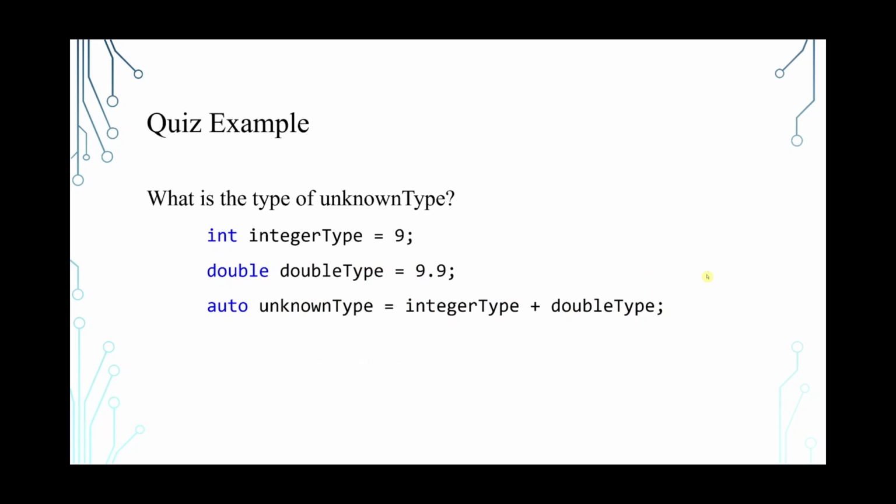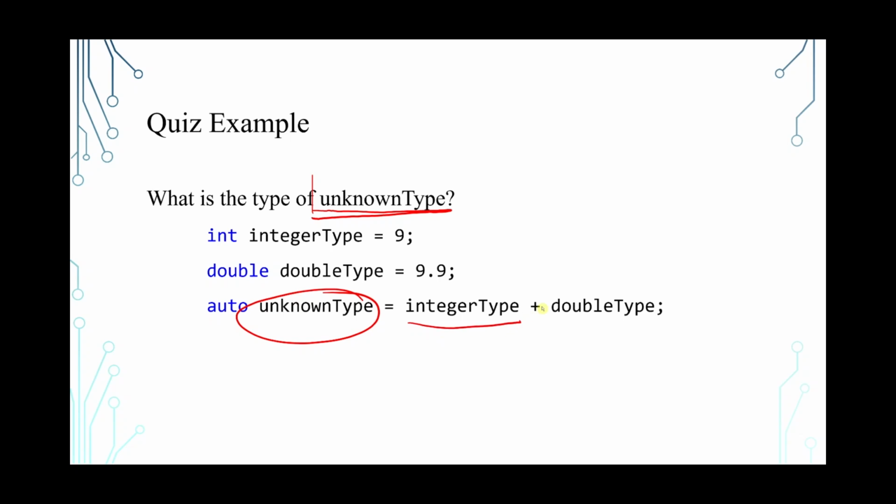So here is a quiz example. In the same module as this lecture slides, you will find quizzes. Here's an example of what you will find. Let's do it together. What type is the unknown type, which is this one, where we use the auto keyword?